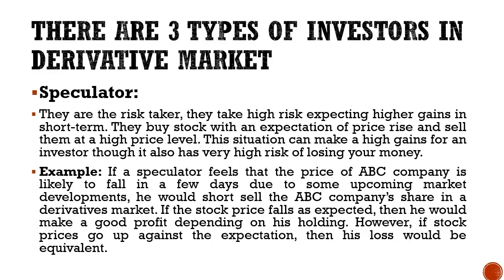They buy stock with an expectation of a price rise and sell them at a high price level. So it is basically like betting. You are expecting that the price of a particular asset will increase in a short period and you are trying to bet on that.